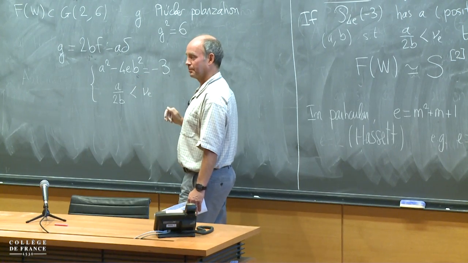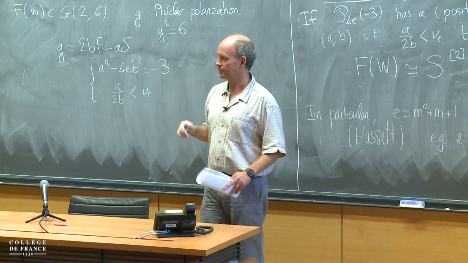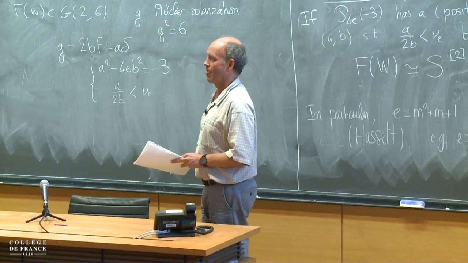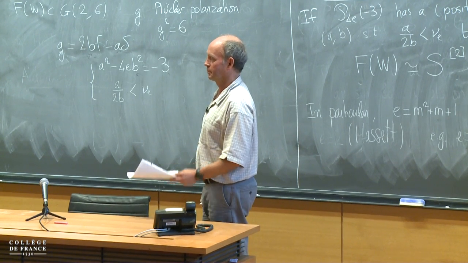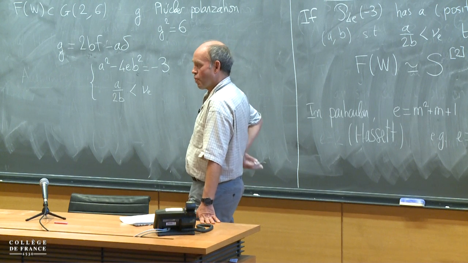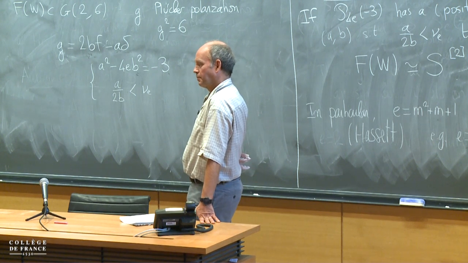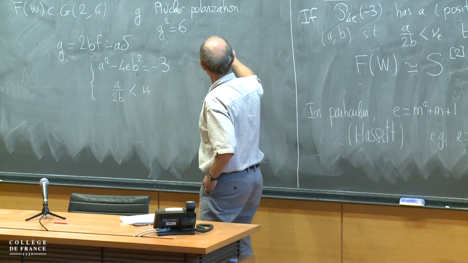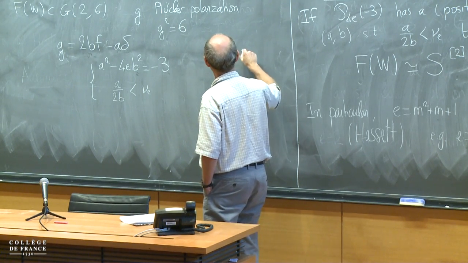I think Hassett's condition is saying that F(W) is related to a moduli space of sheaves on a certain K3. I think it's weaker. I think Hassett's condition is just -3 is a square.